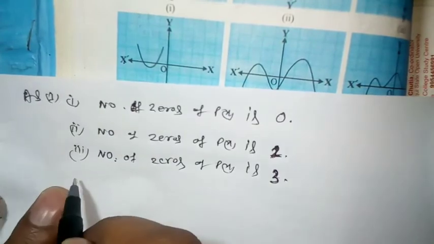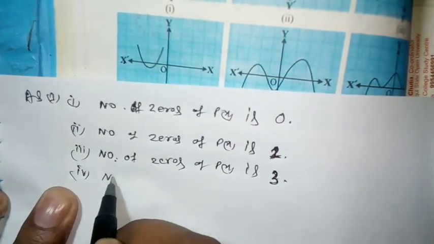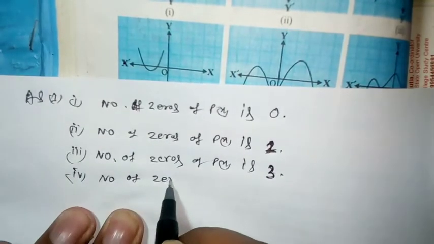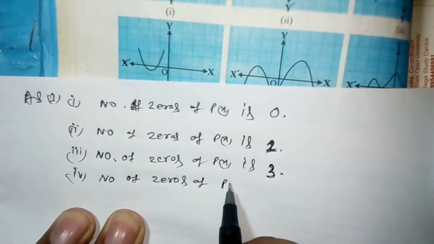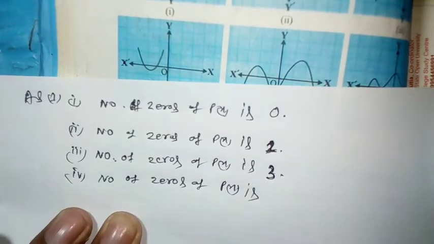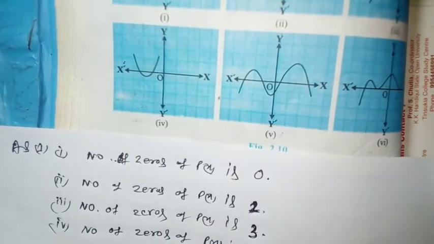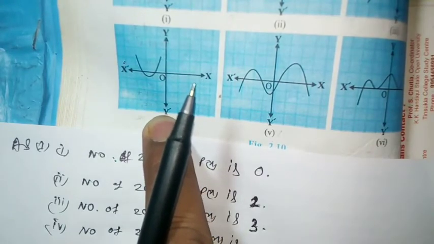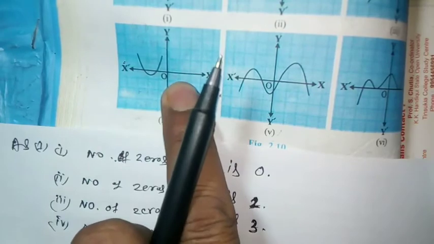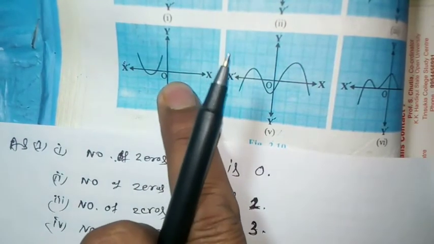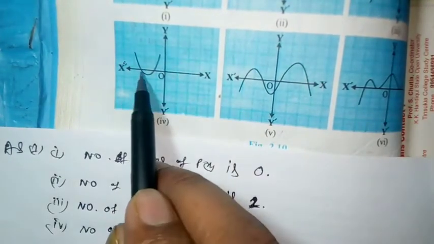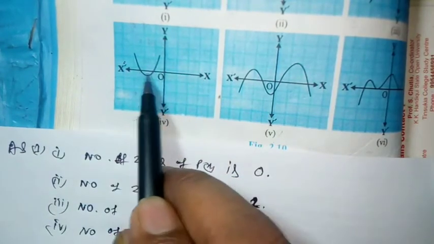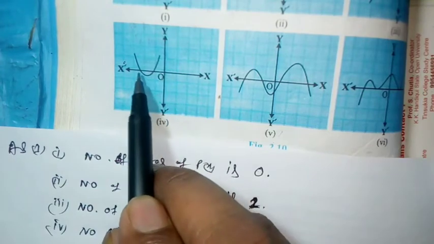Question number 4, in the given graph, the number of zeros of p(x) is 2 because the graph intersects the x-axis at 2 points.